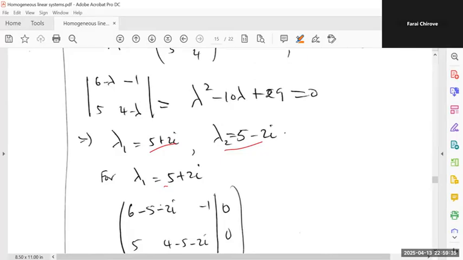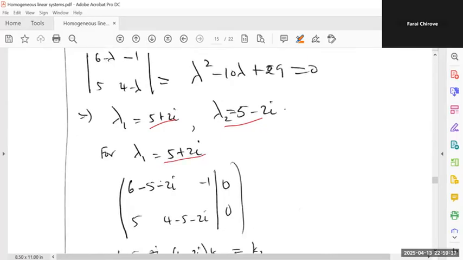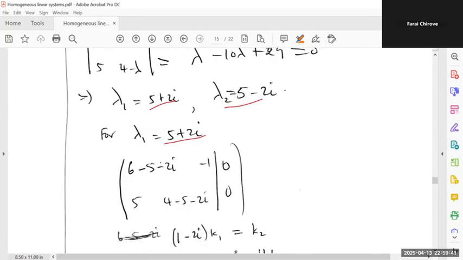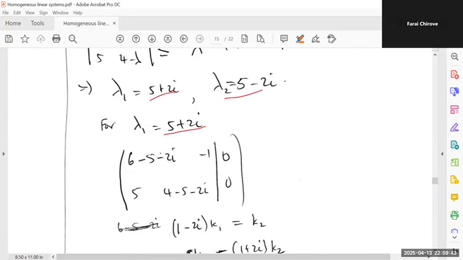And here is where your algebra of complex numbers is needed. So here we are. If you want, this is just the same as the matrix with entries 1 minus 2i, minus 1, 5, minus 1 minus 2i. You are simplifying it that way. If you want, you can augment it like that, which is not necessary anyway.